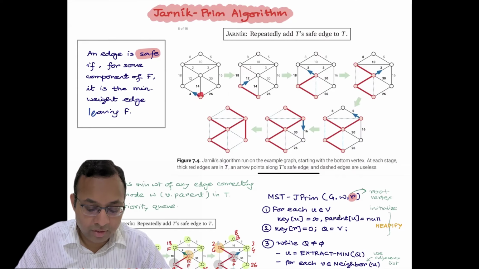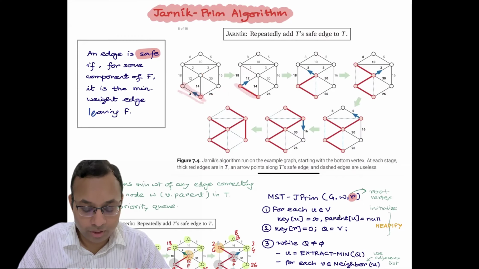Then this single vertex is a component. There are three edges leaving it. We'll take the cheapest edge leaving, that is 4. So we take this edge to be part of the component, part of T. Now T is this. And now we again look at all the edges leaving T: 18, 12, 24, 14, and 26. And we find 12 is the cheapest among them.